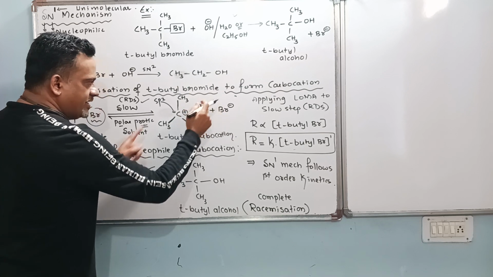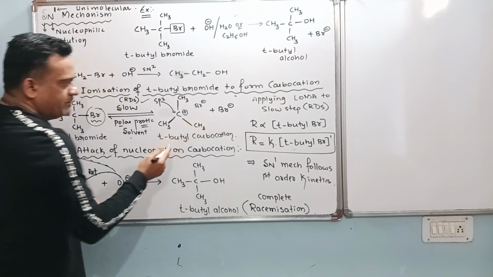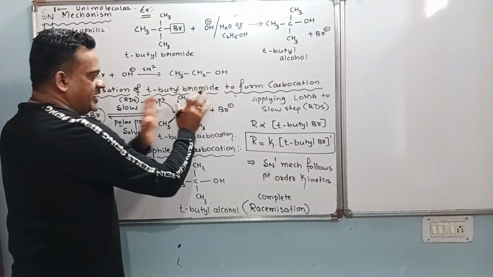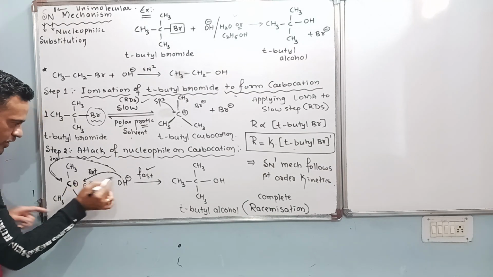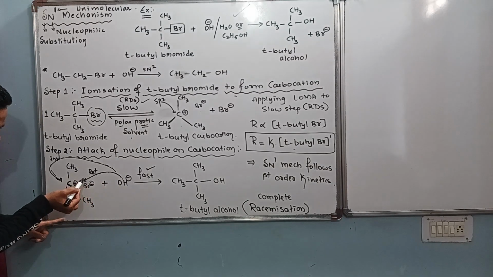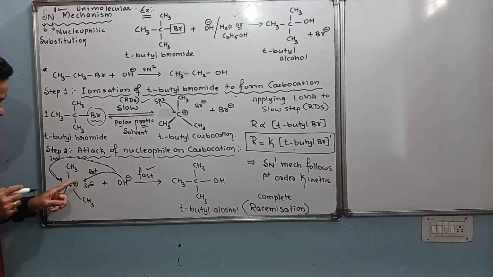The Br minus will be here only. This is called an intimate ionic pair. The Br minus has not gone anywhere, it stays right there. Because the Br minus is still there, the OH minus will not be able to attack from the front as much as it attacks from the back, because Br minus is still in the same premises.